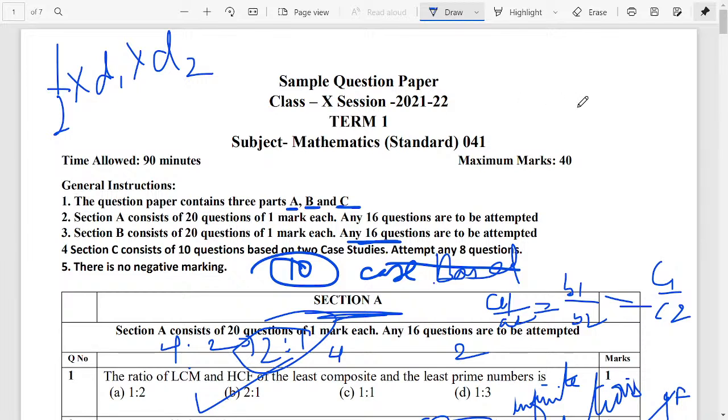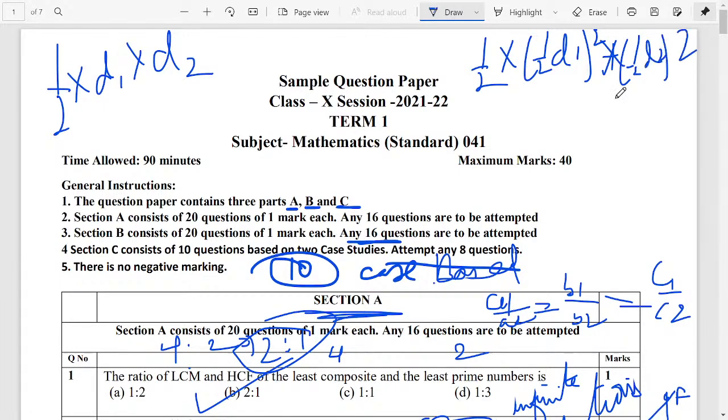Okay, you had to equate half of diagonal 1 whole square plus half of diagonal 2 whole square, and you had to equate it with base into height, because height is your altitude. Base into height is one formula, half into the product of diagonals is another formula.